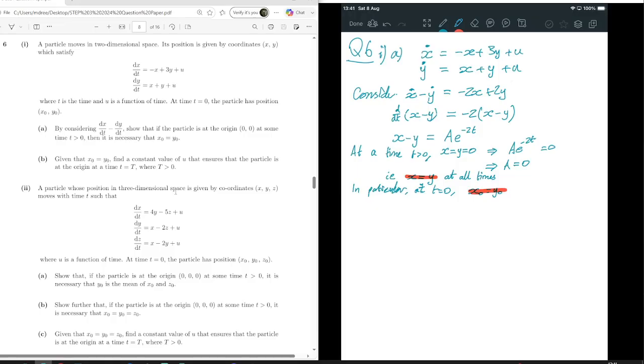So if this particle ever hits the origin, then everything collapses and the x and y's are the same, which is kind of the behavior that the difference here is 2, the difference here is 2.